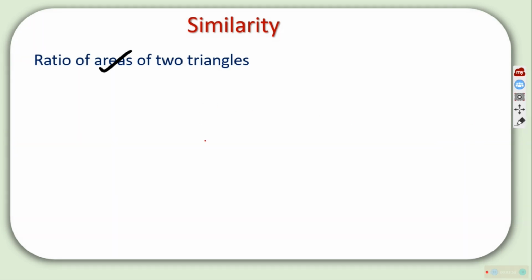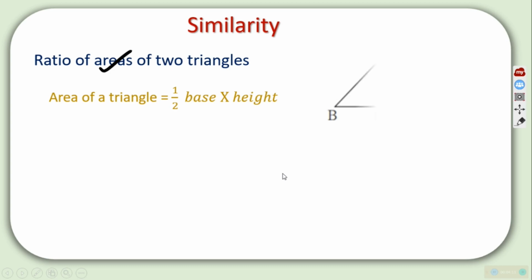And area, we know that area of triangles is calculated by the common formula half base into height. This you have learnt in 7th standard according to me. And if base is given, height is given, you can calculate the area of a triangle. Now, there are two triangles here, not one. So how will the area be calculated?